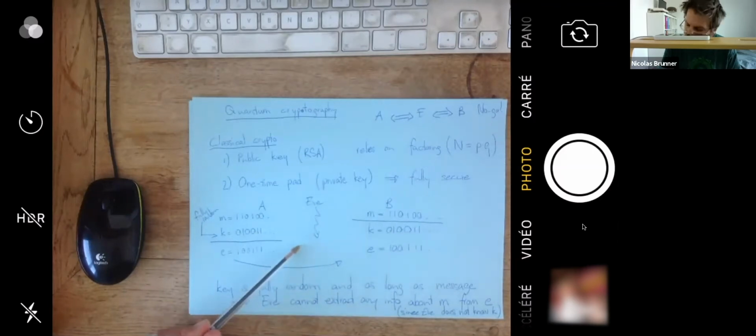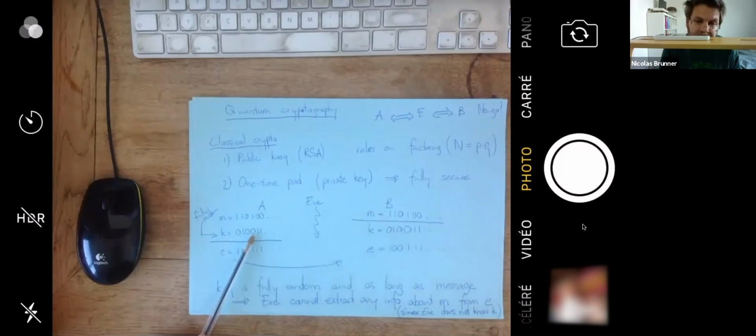And so you can actually prove, again in full rigor, that in classical information theory, there is no protocol that allows you to establish a private key between A and B if A and B have nothing in common to start with. So that's the very strong limitation of this one-time pad.